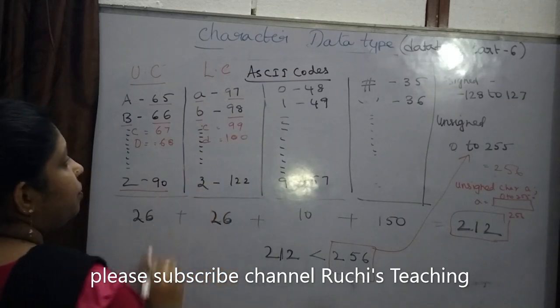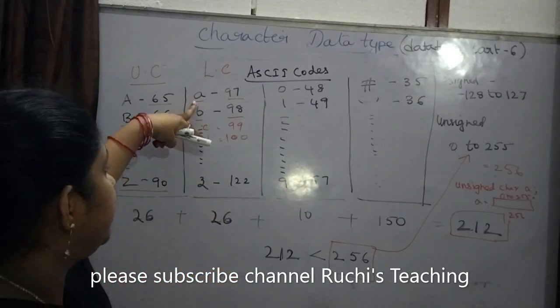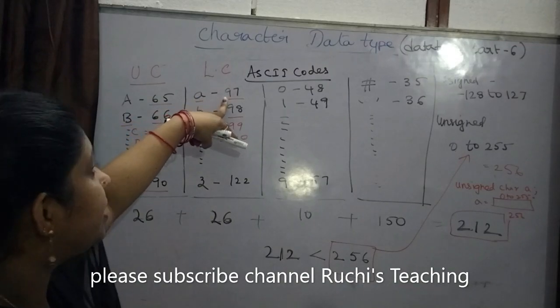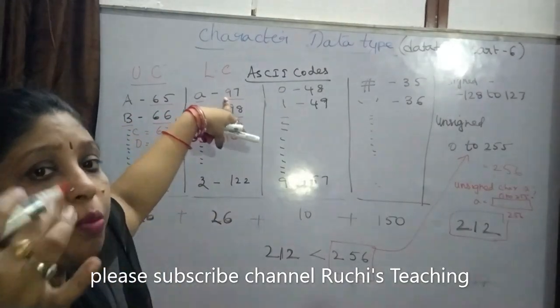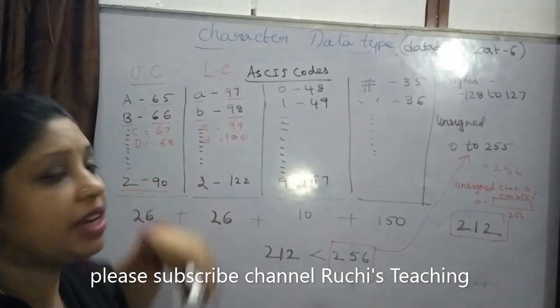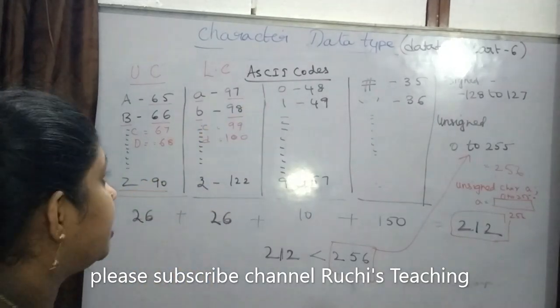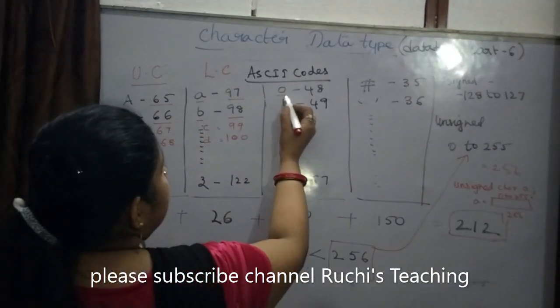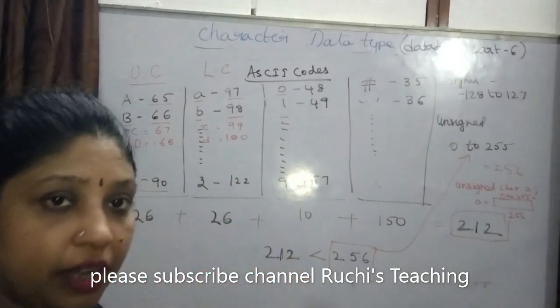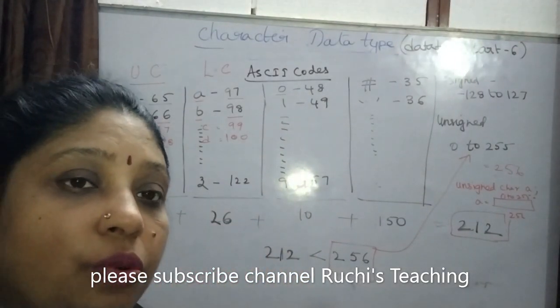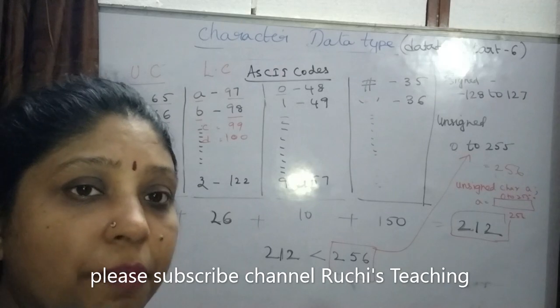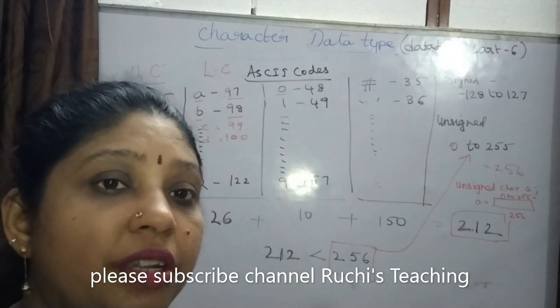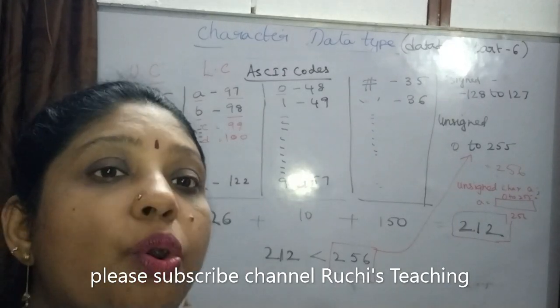Okay, so when you type small letter a, the compiler stores that a in the form of the ASCII code 97. As 97 it takes. Okay, for digits, for 0, when you type 0, the compiler understands that code 48 has come.